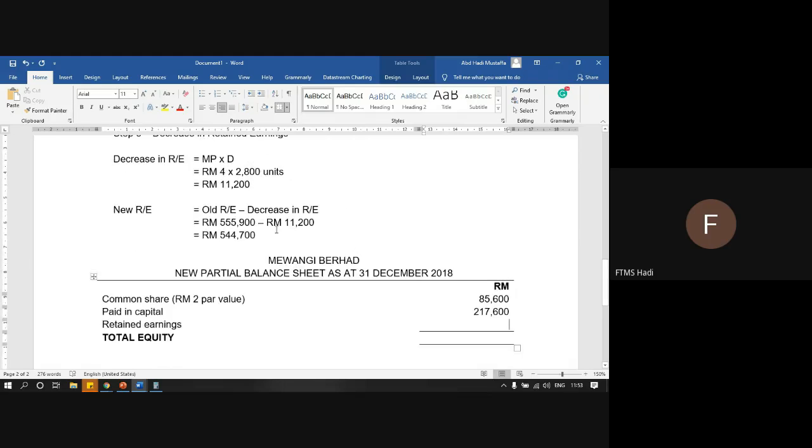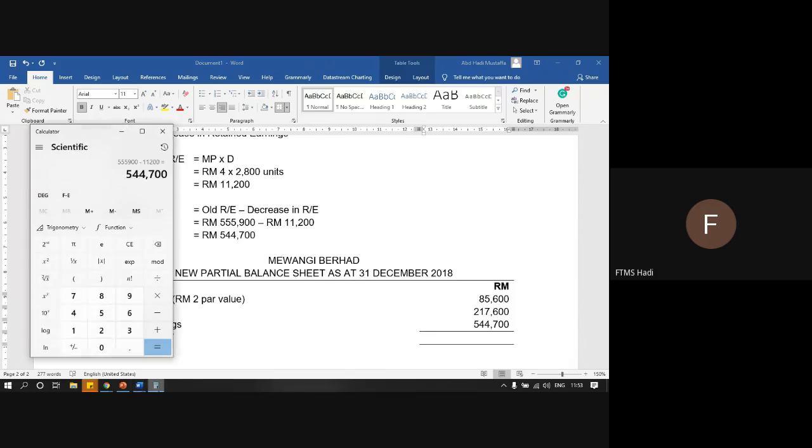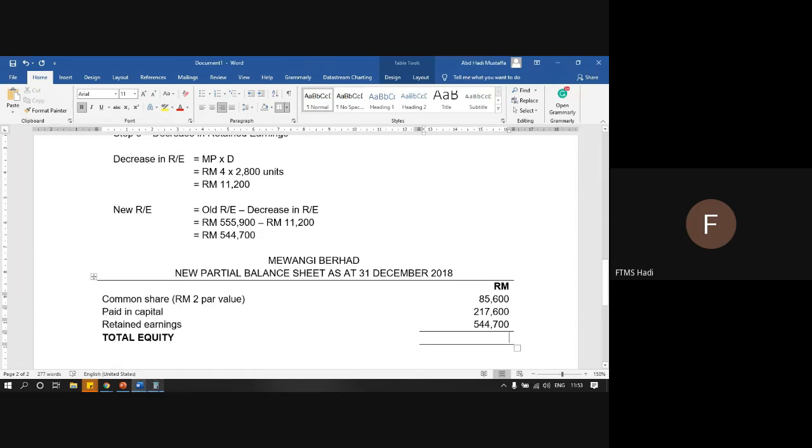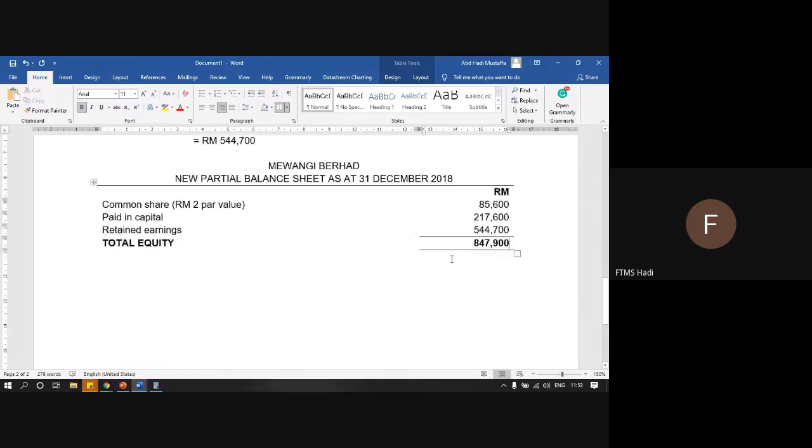And the last one, retained earnings, which is the new retained earnings, 544,700. Let's calculate: 85,600 plus 217,600 plus 544,700 is 847,900. Okay, you got this one.